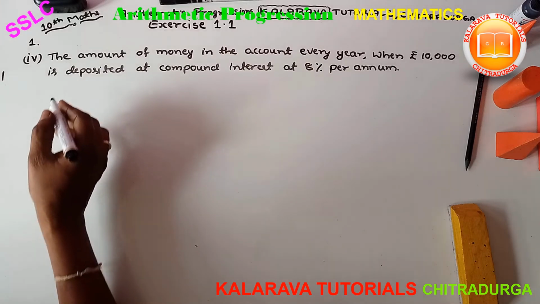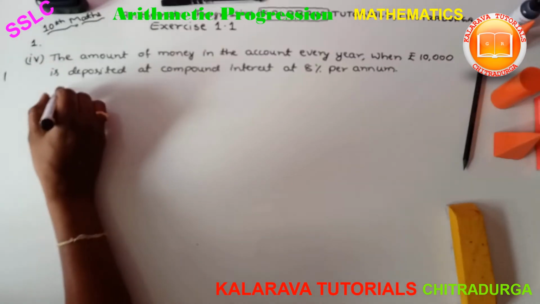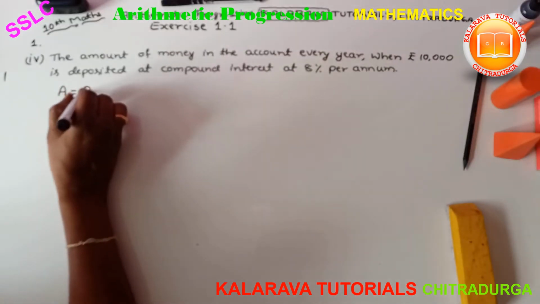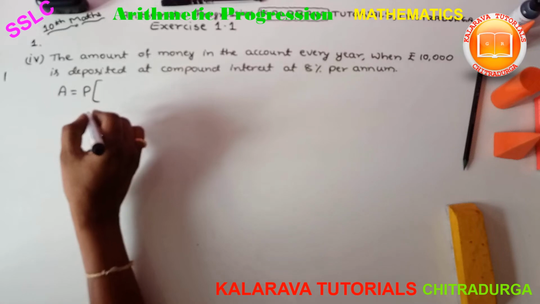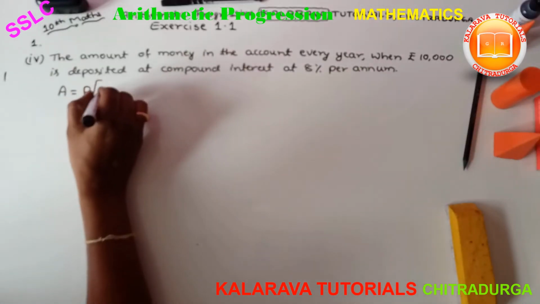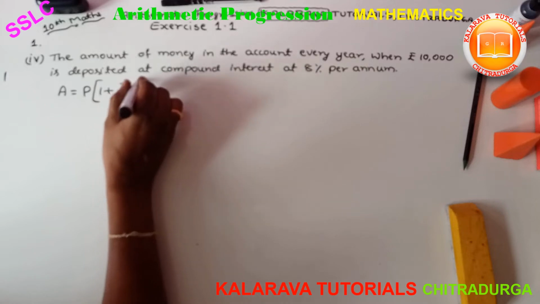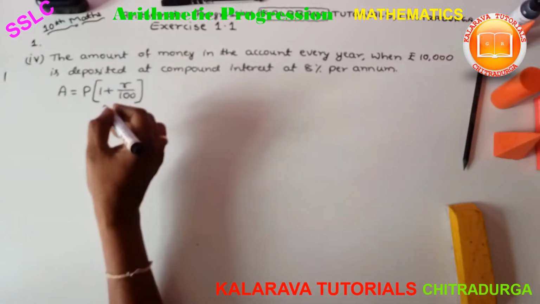The formula for finding the compound interest amount is A equal to P into (1 plus R divided by 100) to the power of n.